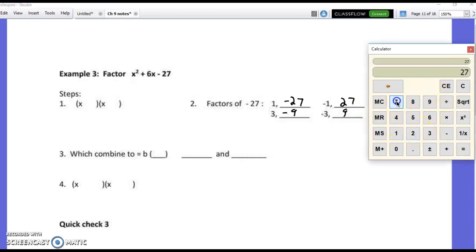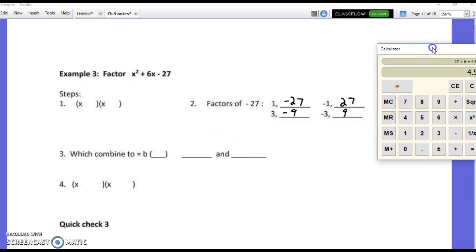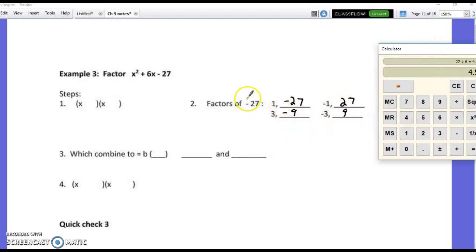You can always keep checking to see if there's more. Divided by 4, no. 27 divided by 5, no. 27 divided by 6, no. And when 6 passes that up, we know we've gone too far. So these are our combinations that multiply to equal negative 27.